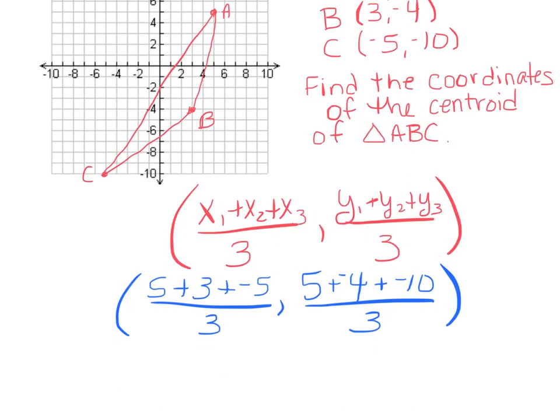When we simplify, I get 3/3, which is 1, and -9/3, which is just -3. So the coordinate of our centroid would be at 1, -3. So let's find that point. 1, -3. So right there, if we drew the lines, the medians, they would all go through that blue point.